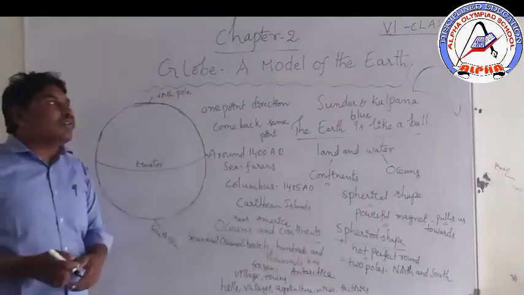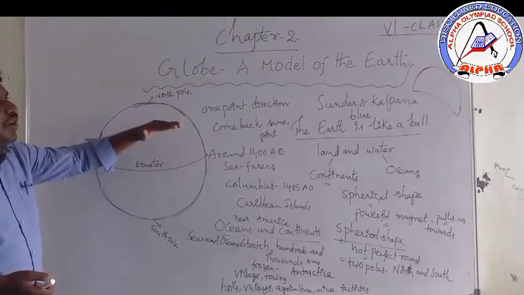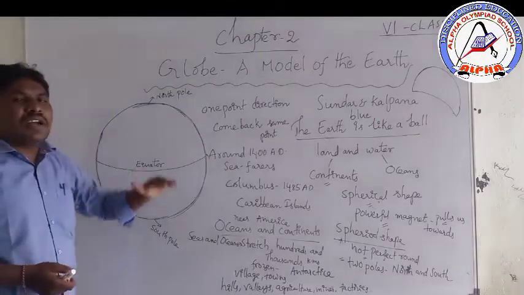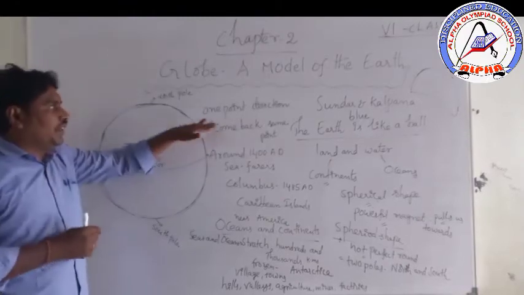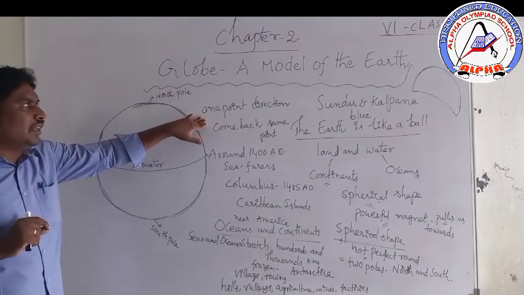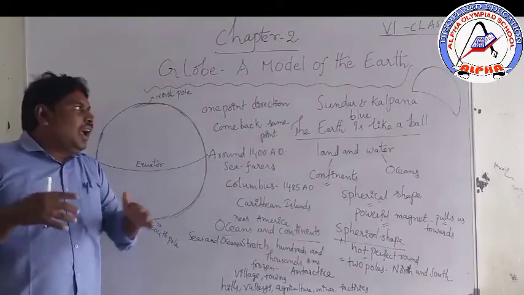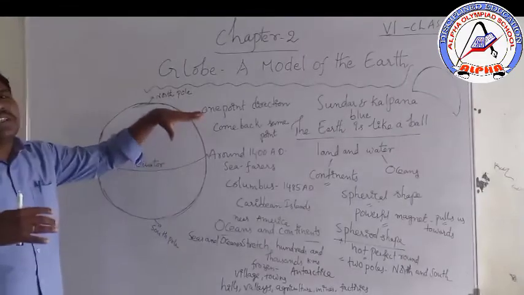Next we go to the remaining part. If we start our journey at one point on our earth and travel in the same direction, we can come back to the same point.